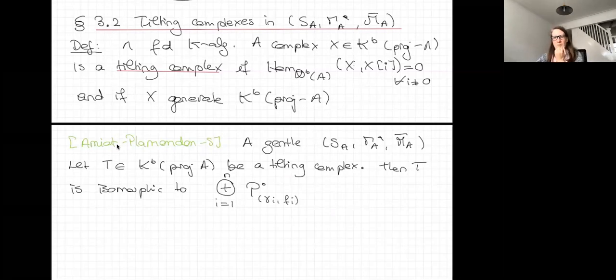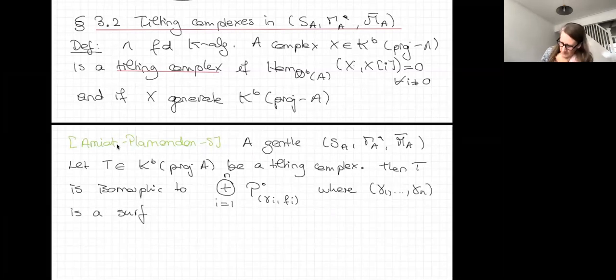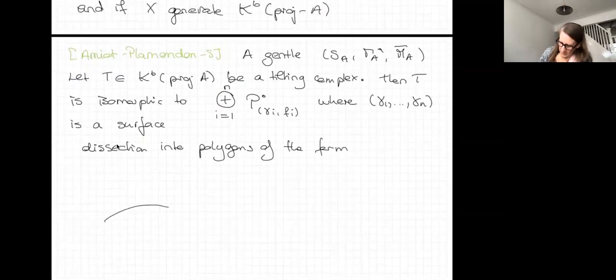Remember, this is how we indexed our indecomposables in the surface, where gamma_1 up to gamma_n is a surface dissection into polygons of the form, well, what are those polygons?